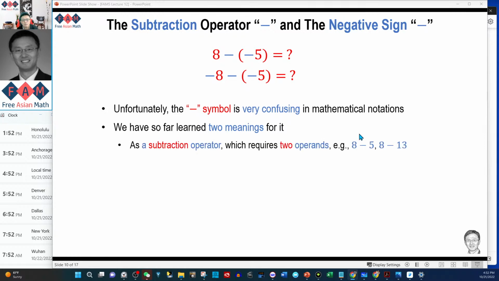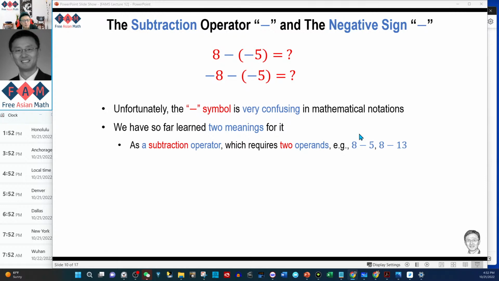Okay, very important stuff. First, this symbol represents the subtraction operation, right? So far, we only properly define subtracting a smaller or equal natural number from another larger or equal natural number, or subtracting a natural number from any integer. But regardless, we have used this symbol as a subtraction operator.